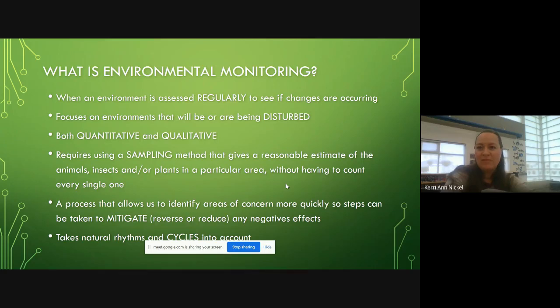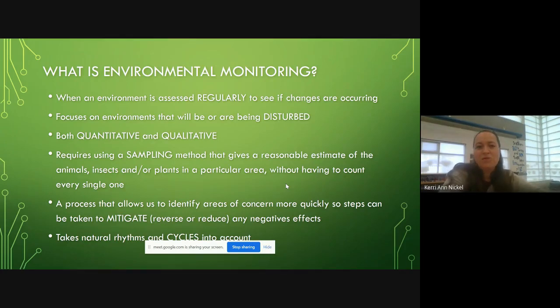It would be the same if they're going to put in a new playground. The city might do environmental monitoring on a nearby wetland to make sure that it's not being affected by increased people traffic or other things that might have come along with that new playground being in place. So we generally focus on environments that will be or are already being disturbed.